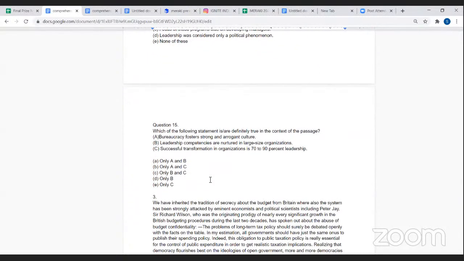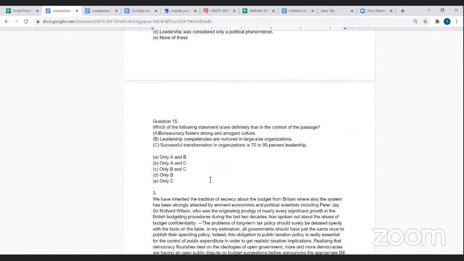Next one. Which of the following statements are definitely true in the context of passage? So you have to choose the option which has the correct statements.